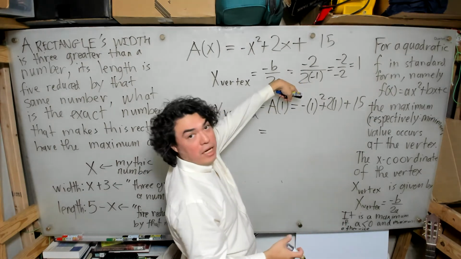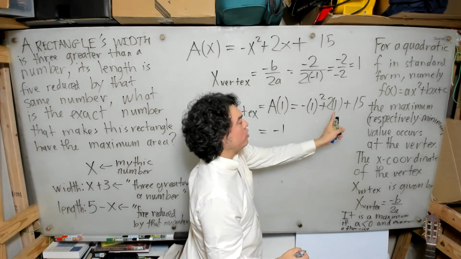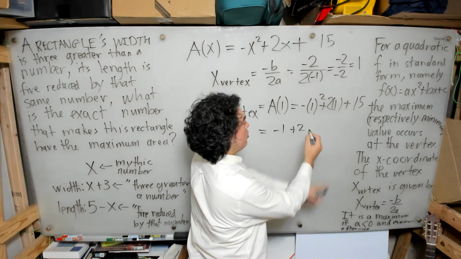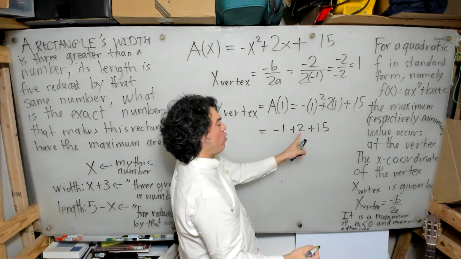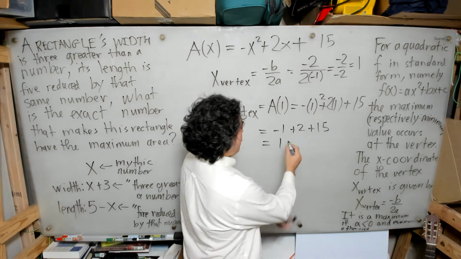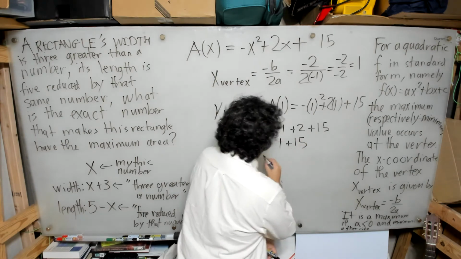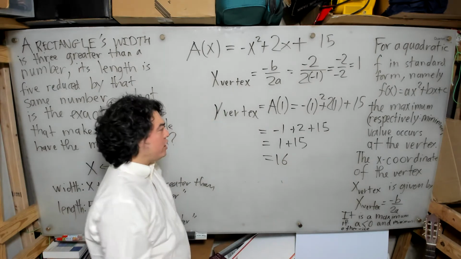If I multiply it by negative, that becomes a negative 1. Plus 2 times 1 is plus 2, and then plus 15. Negative 1 plus 2, that's positive 1, plus 15. We get that that area is 16, as we got from the geometric considerations.